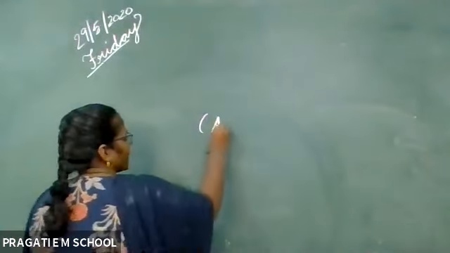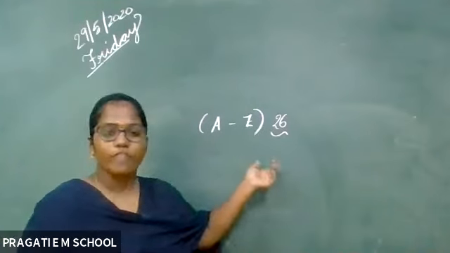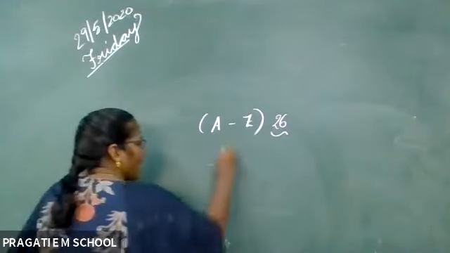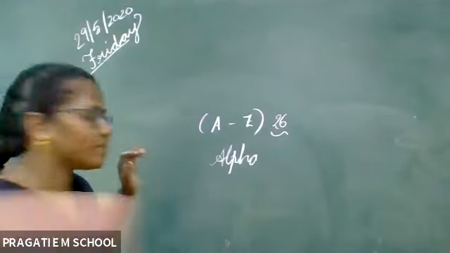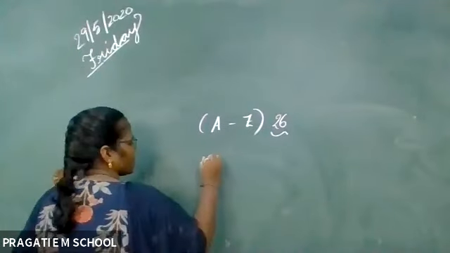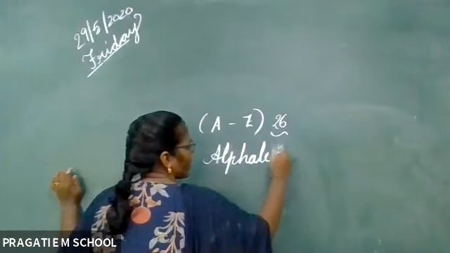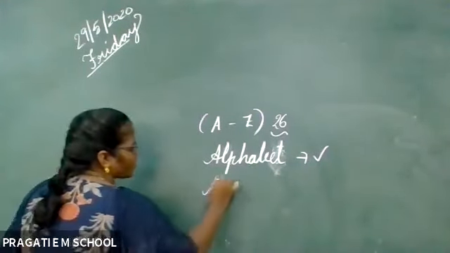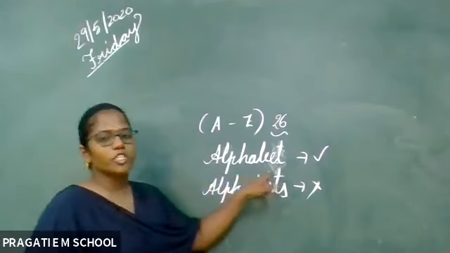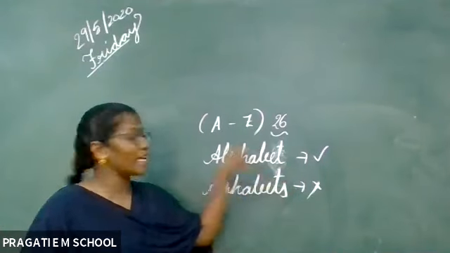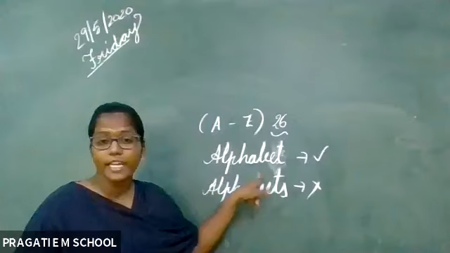A to Z. We should pronounce it as alphabet. We should not add S to the A to Z 26 letters. We have to pronounce it like alphabet.